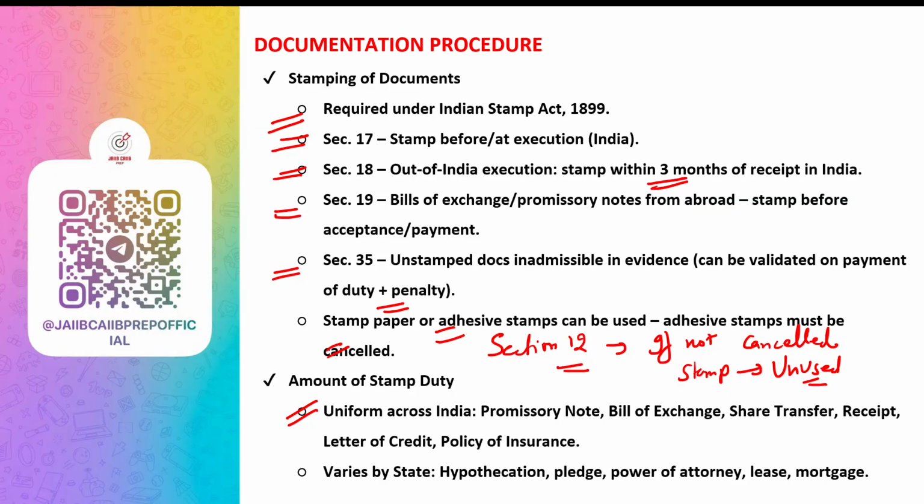So the promissory note, bill of exchange, share transfer, deeds, receipts, letter of credit, insurance policies have uniform stamp duty across India, and then there are other documents which have different stamp duties in different states because states have their own laws for them. Example: hypothecation, pledge agreements, power of attorney, lease agreements, mortgage deeds.